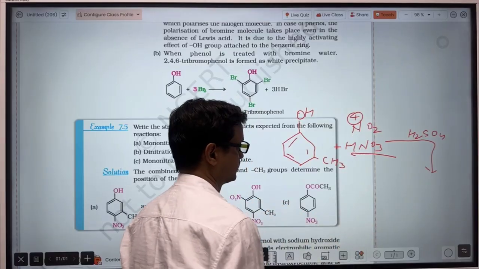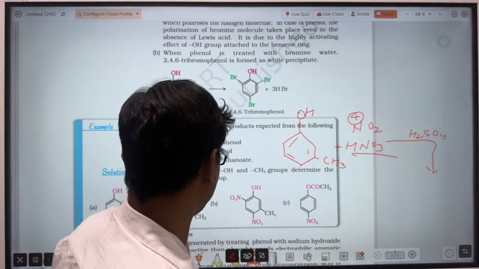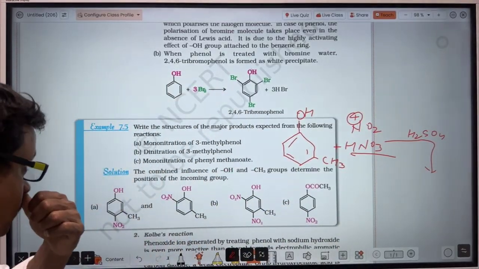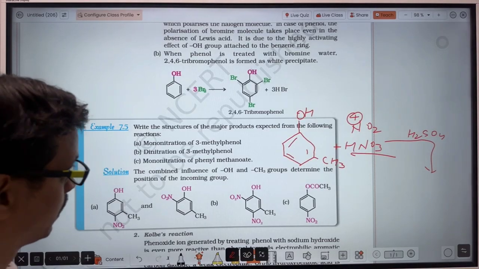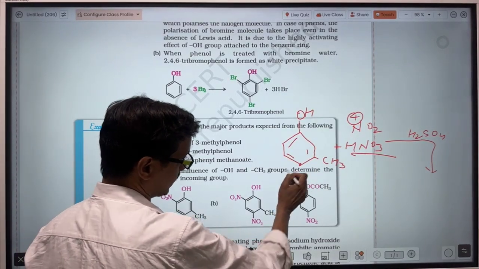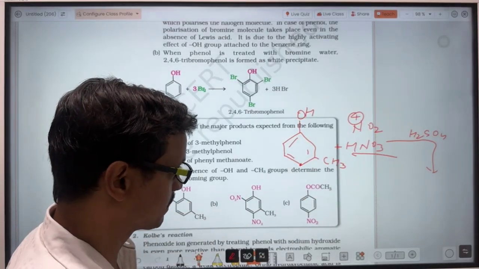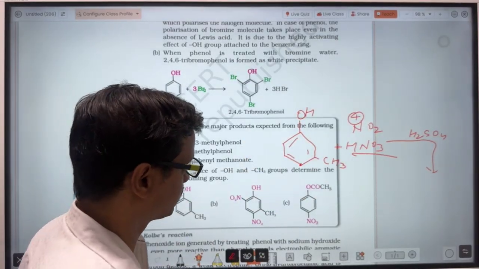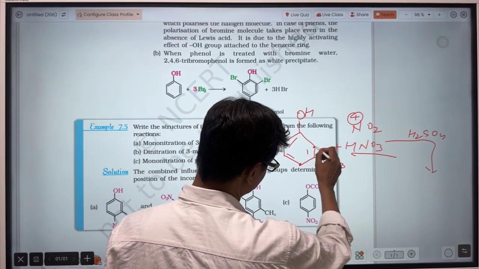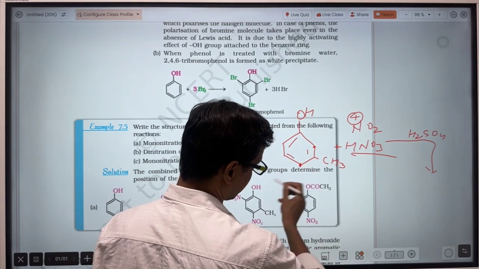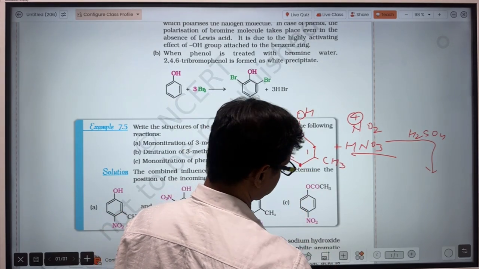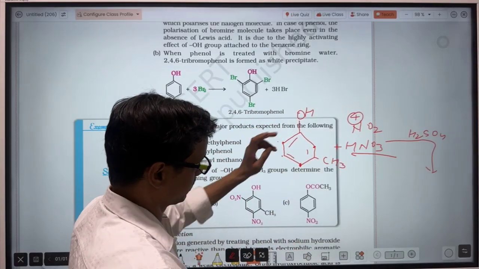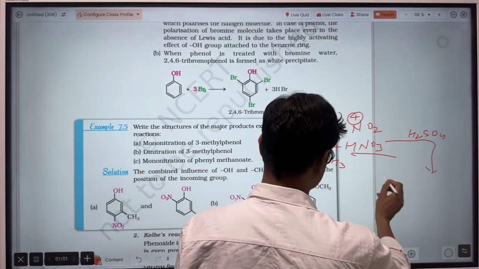NO2 plus. Now with respect to OH, the electrophile NO2 will bond to para position, and with respect to CH3, the NO2 will bond to para position or ortho position. So the NO2 could bond to this carbon also. So you write here or here.